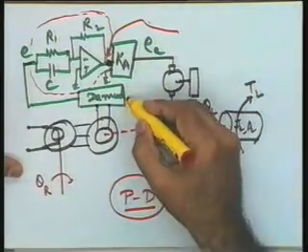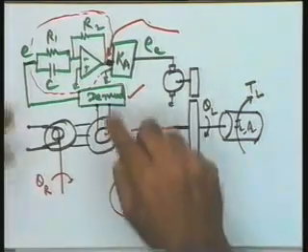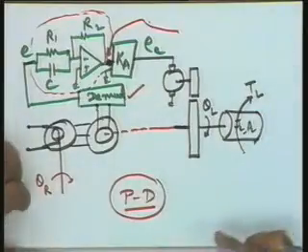Last point, how about the transfer function of the demodulator? You said that you are using a demodulator between this signal and E, and if you write a block diagram for this system, you will require a demodulator transfer function. What should be the transfer function of the demodulator? Could we take it as unity?